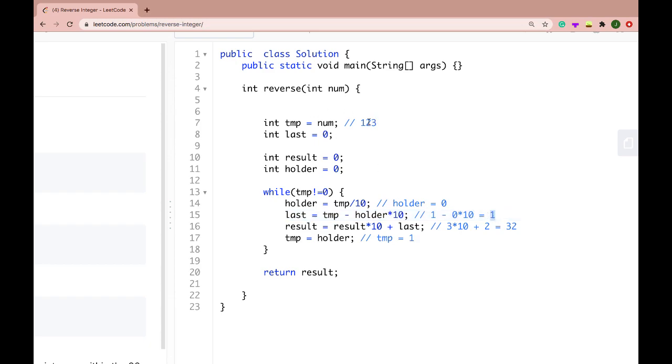That gives us the third digit, and then result equals 32, so 32 times 10 plus 1 will equal 321. Holder is currently 0, so temp will equal 0. And since temp is 0, this while loop will end and we will return the result.